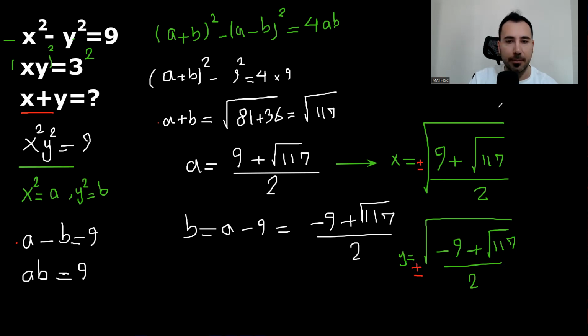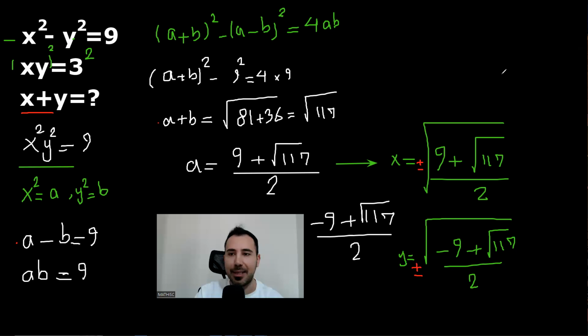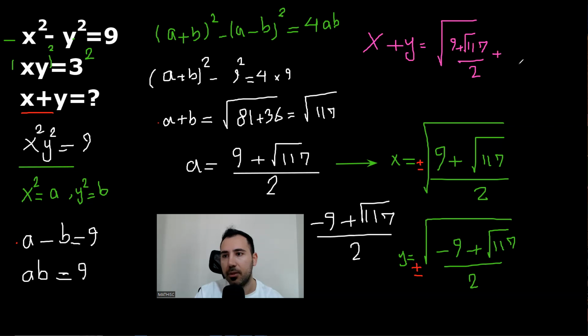So I'm going to write the final answer over here. It's going to be this one plus this one. So x plus y would be the square root of 9 plus square root of 117 over 2, plus the other one, which is the square root of negative 9 plus square root of 117, again over 2.